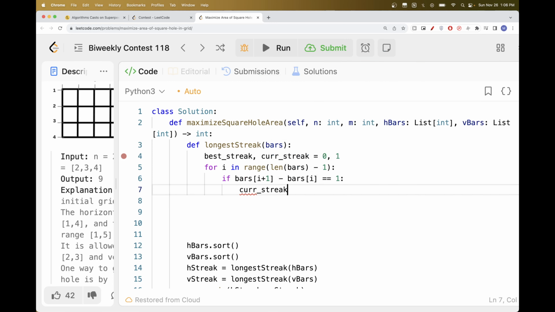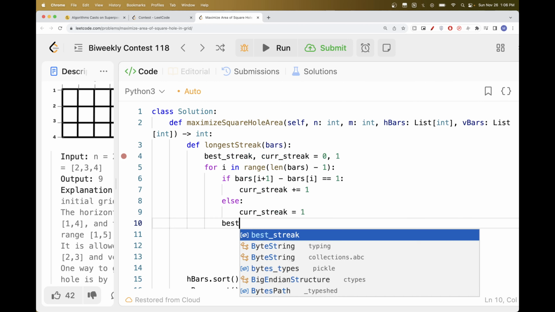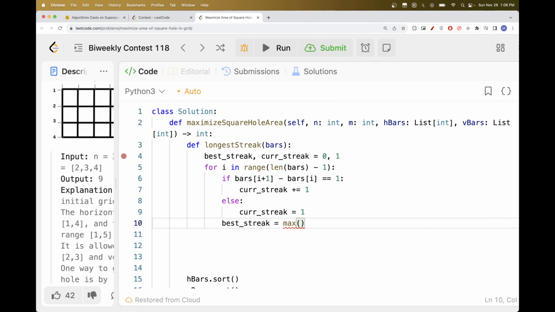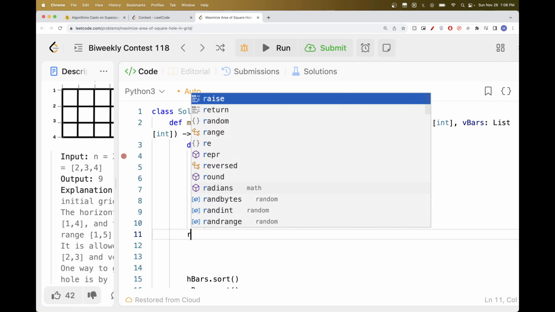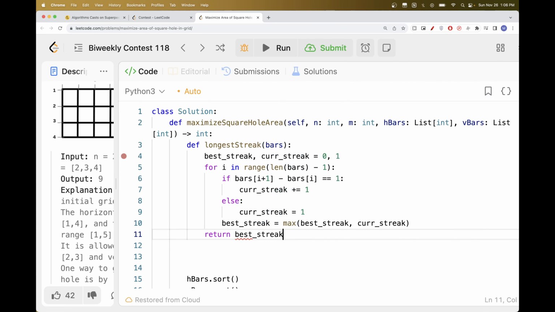And so only if the difference is equal to 1 can we increase our current streak. Otherwise, we need to reset the streak to 1, because we are starting a new one. But in each iteration, we want to check if we have the best streak so far, so we take the max of what we have so far and the current streak. And then at the end, we just want to return the best streak we found. So this is going to be the longest one.